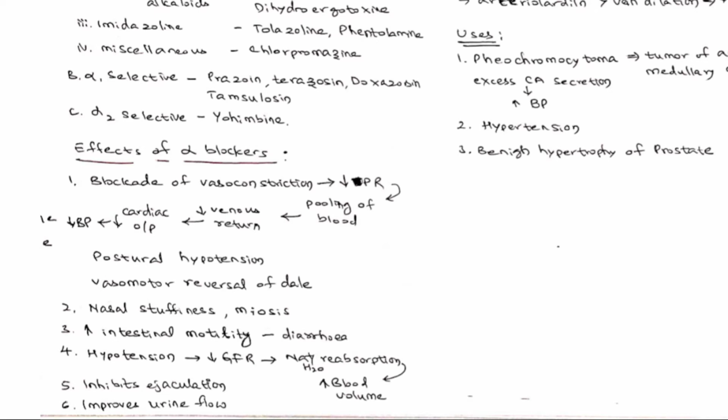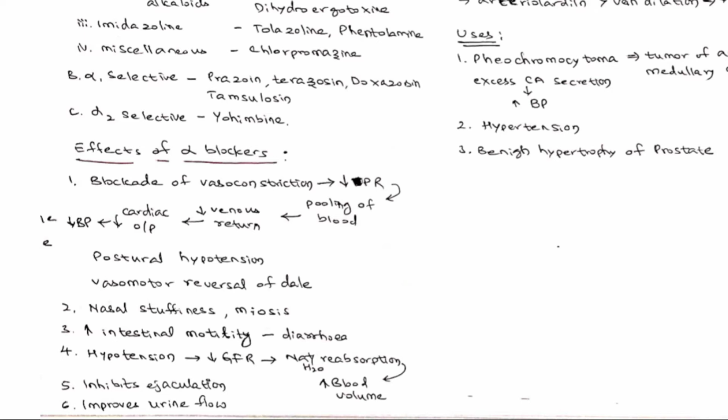Alpha 1 blockade inhibits ejaculation due to its effect on the vas deferens. So contractions of the vas deferens are inhibited, leading to inhibition of ejaculation. It increases urinary outflow.